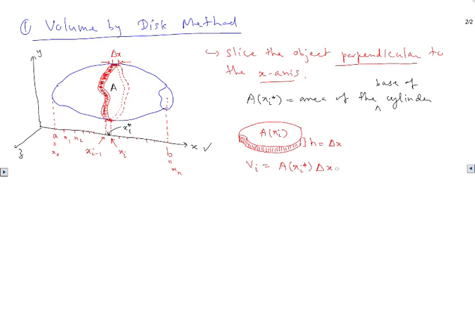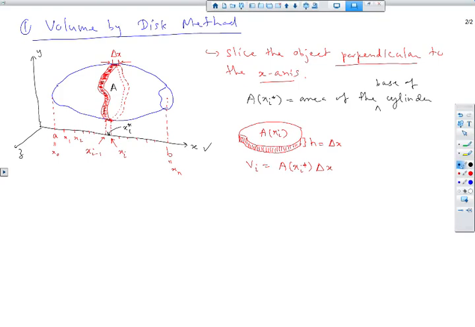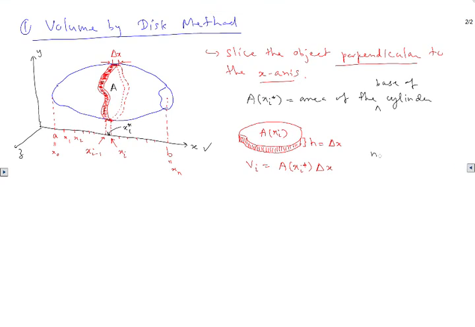If you want to find the full volume, what do you do? Just add all of those pieces. How many pieces do we have? There are n pieces. So the complete volume is approximately equal to the sum of all those pieces, i going from 1 to n, A(xi star) delta x, if you divide them equally, but not necessarily.